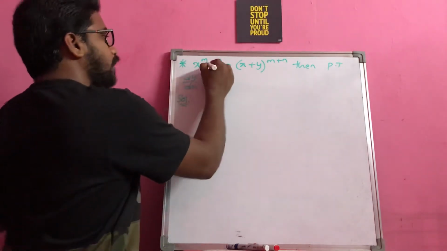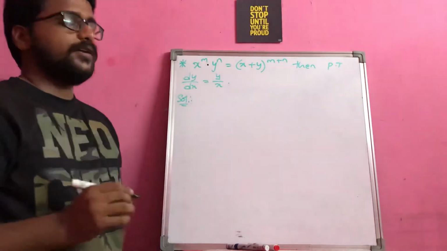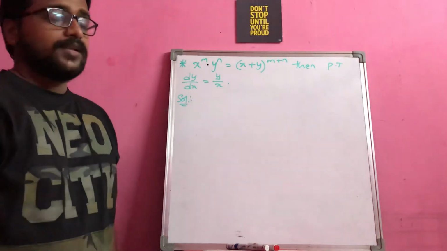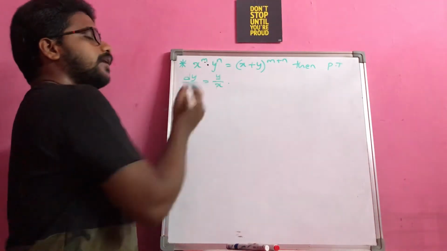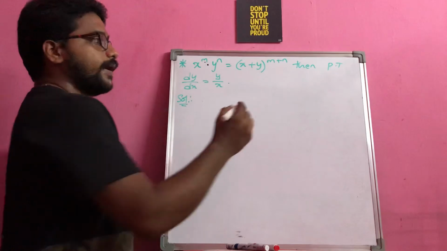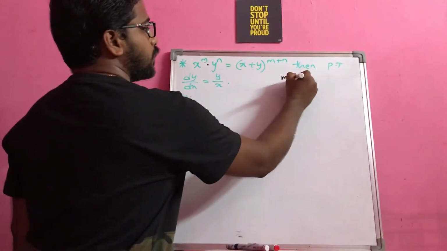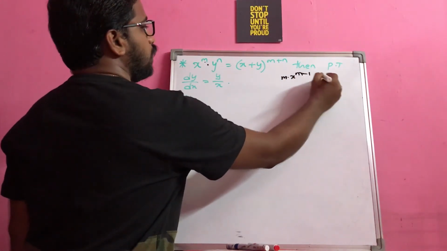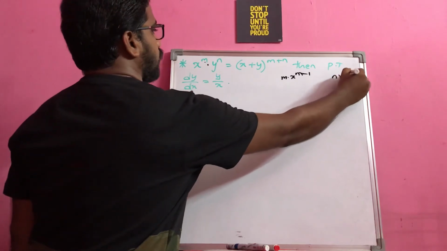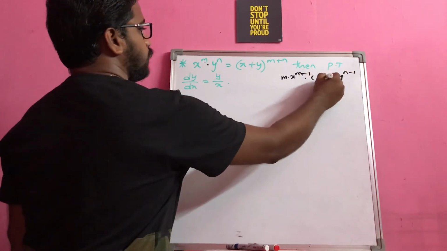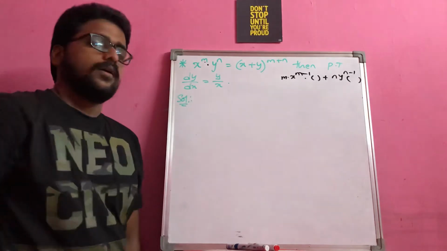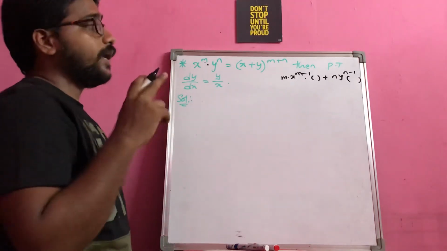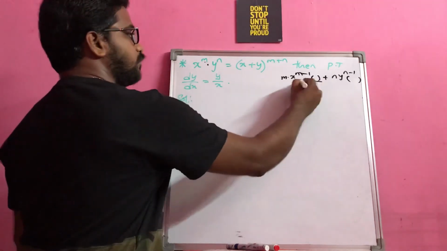So if I apply differentiation directly, I have to use the product rule. And see, this m and n are unknowns for us. You will be getting something like m into x power m minus 1 and n into y power n minus 1. Of course, other terms will be there. But just observe here, we cannot go ahead with further simplification.